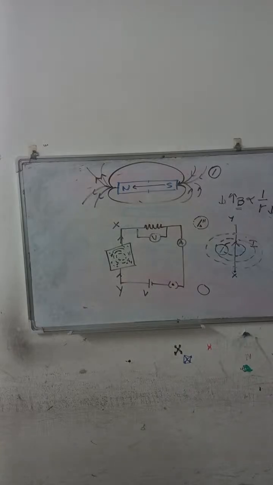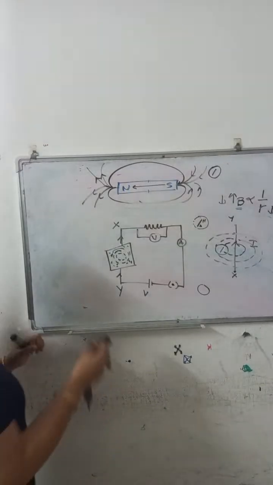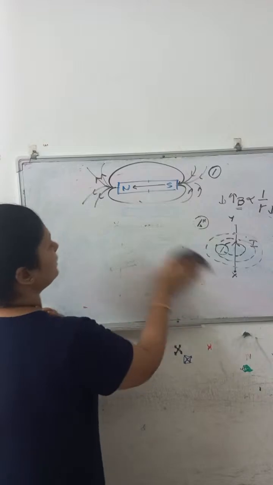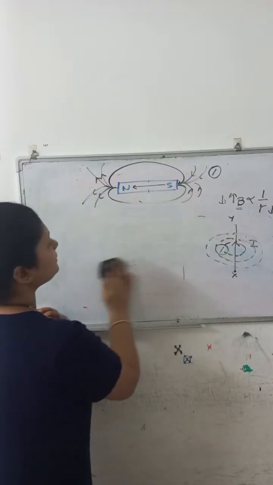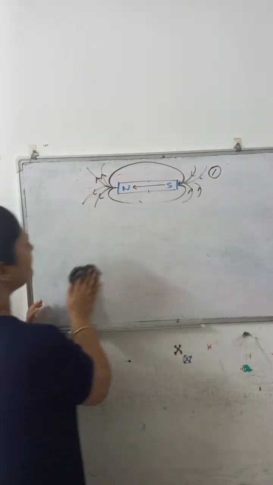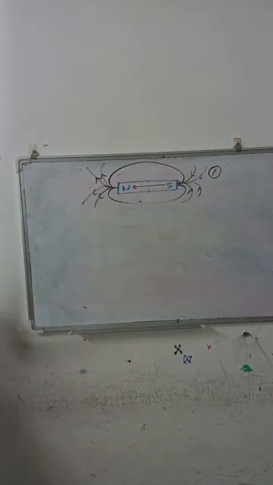Now next we are discussing the characteristics of the field. So what are the characteristics of the magnetic field? Very important part. Sometimes they will ask you to write the characteristics of the magnetic field. A 3-mark question will come, or maybe they will ask reason or assertion, or in MCQ also they can ask.